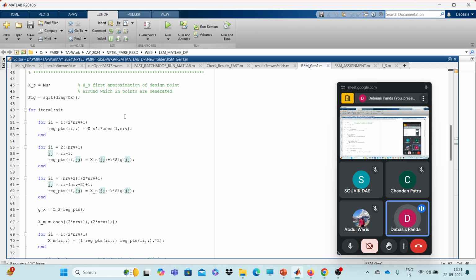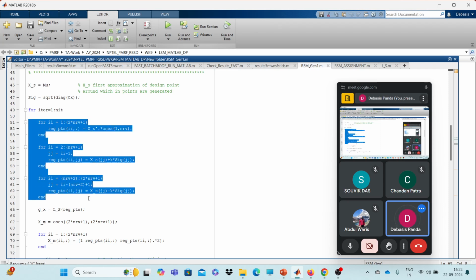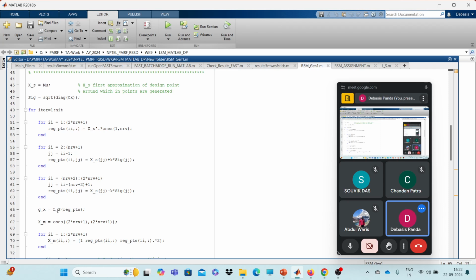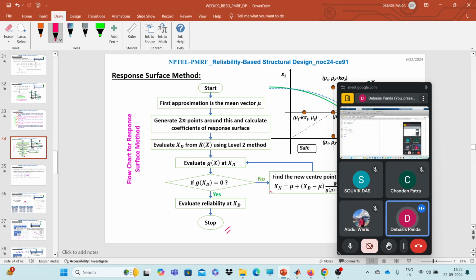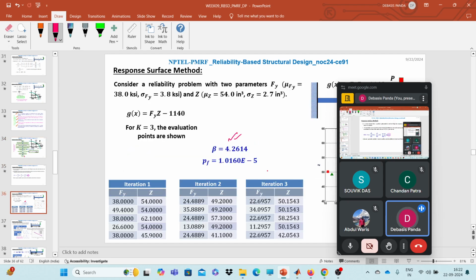Now once we have generated these support points, we need to replace them in our limit state function. So we need to provide the limit state separately. We already have seen that we supply the limit state using another function file. Here, we wish to solve the cantilever problem.